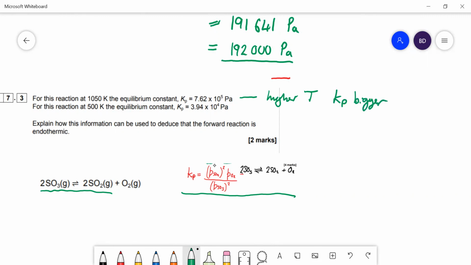Now, if Kp is bigger, it means we've got more of this on the top and less of the SO3 on the bottom. So that means the equilibrium at higher temperature is pushed that way. The equilibrium moves right at high temperature.